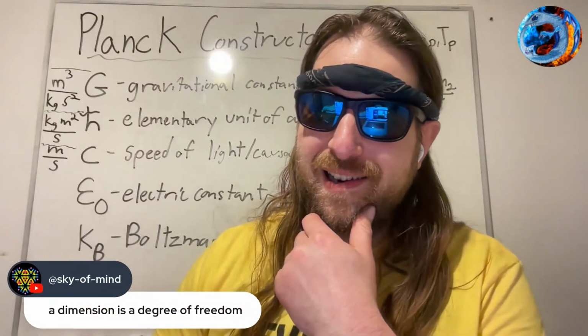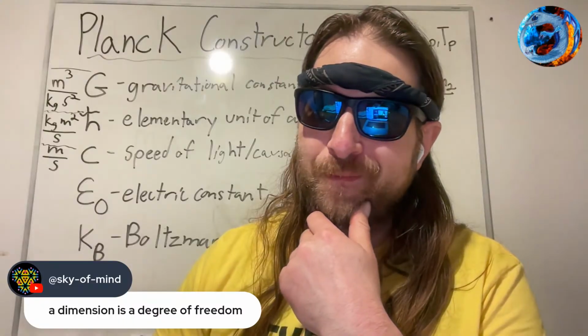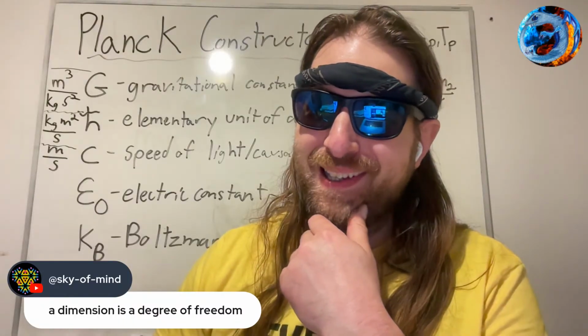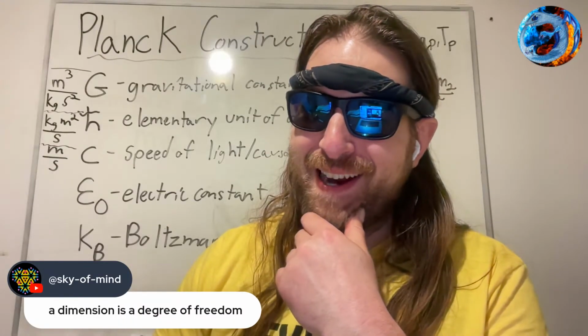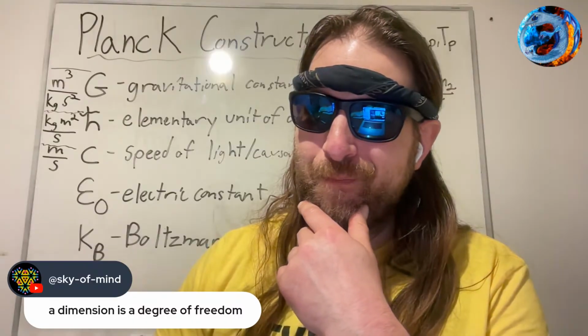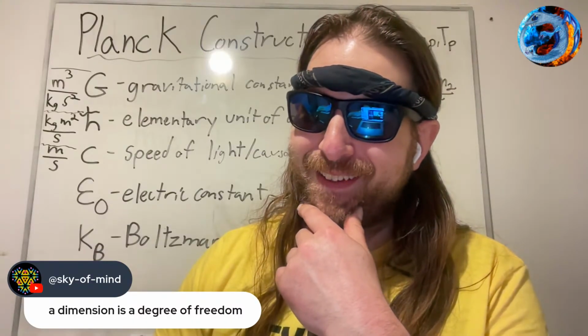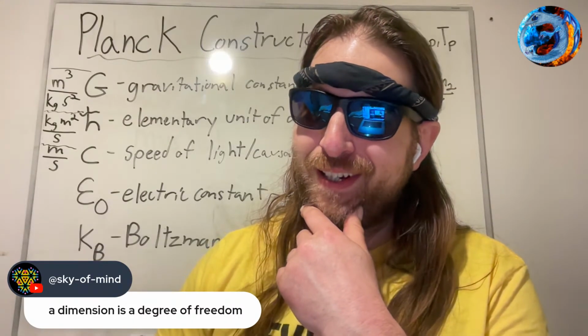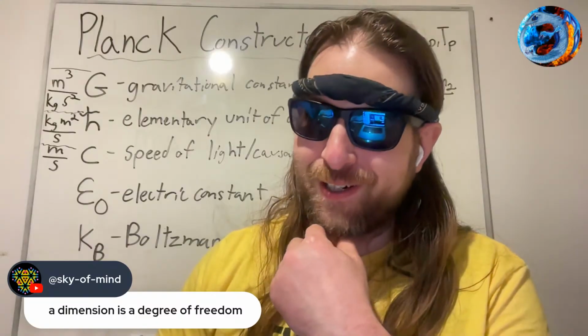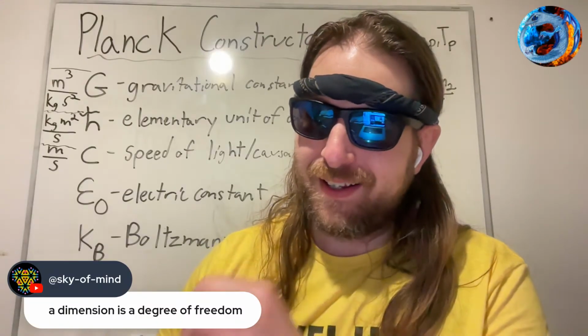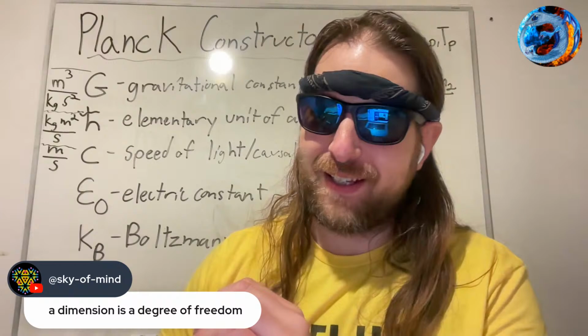Oh, I like that. A dimension is a degree of freedom. Yeah, thank you. I feel like I kind of knew that, but that does sound true, because if we can keep track of all the degrees of freedom, because speed is a length divided by a time, a velocity is a length divided by a time, but that length has a particular direction.